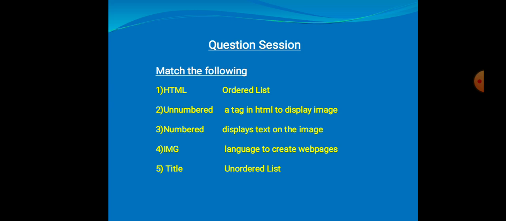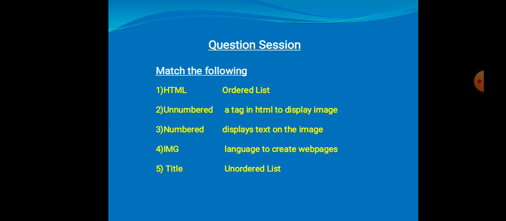And this is a question session, students. Can you find the answer? HTML, unnumbered, numbered, IMG and title. HTML: language to create web pages. Unnumbered: unordered list. Numbered: ordered list.